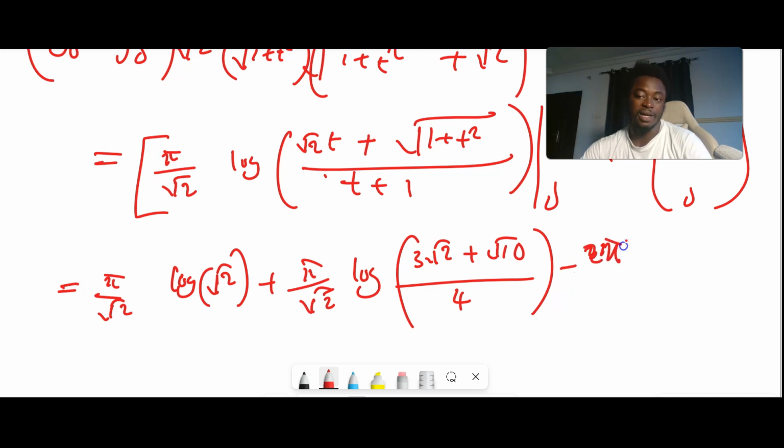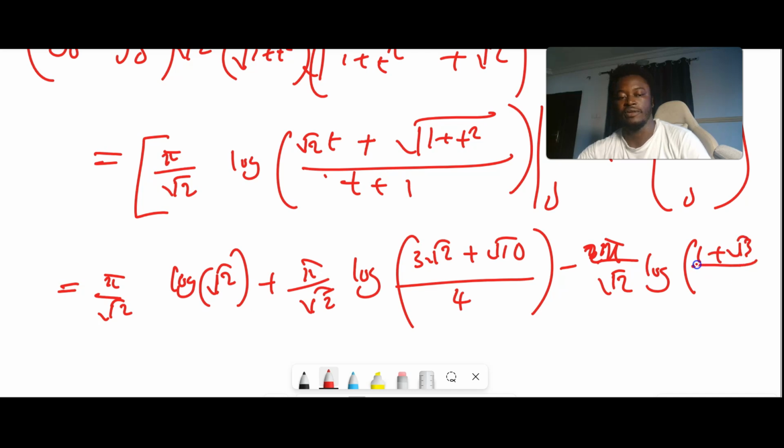This is the part we neglected. That part I asked you to do: 2 pi times the logarithm of 1 plus square root of 3, all divided by square root of 2. And if you simplify all of this, you will get your final result.